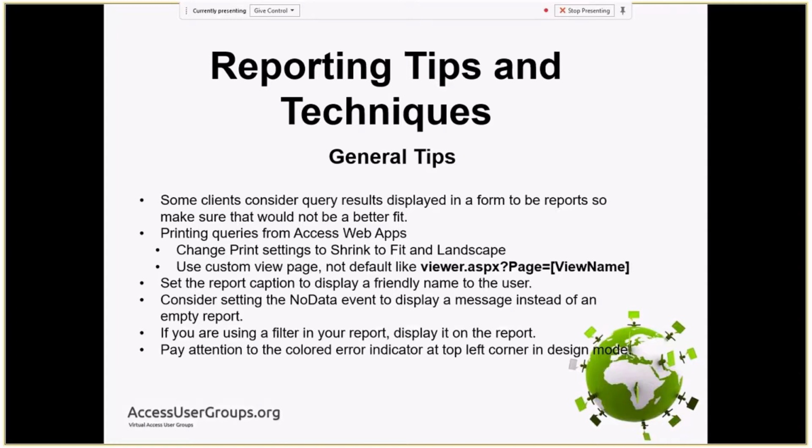There are a couple of suggestions that I have here for printing query results, which you can do in Access web apps, and getting them to show nicely on paper. And these are to change the print settings when you go to do the print in your browser, to check the shrink to fit, and to make sure that the print is in landscape mode.